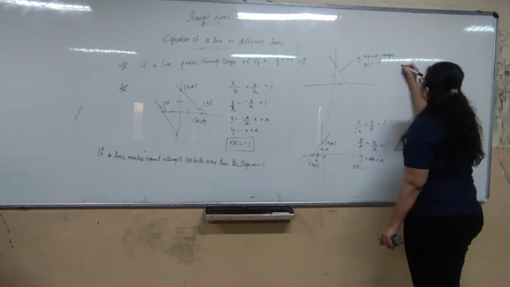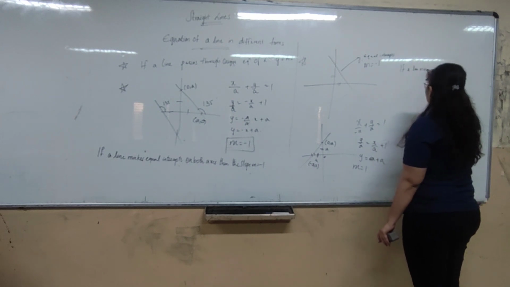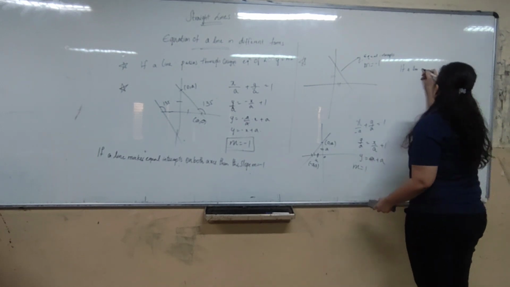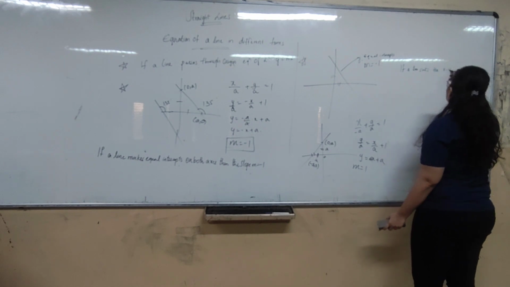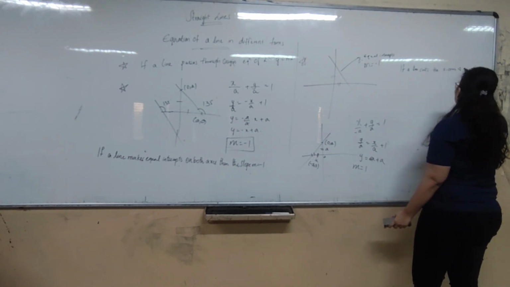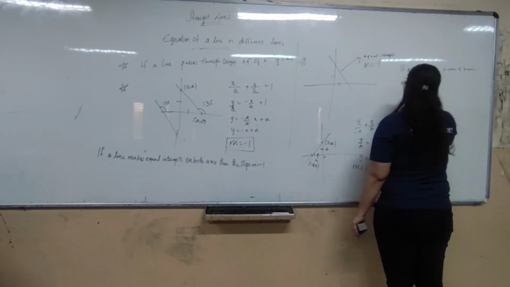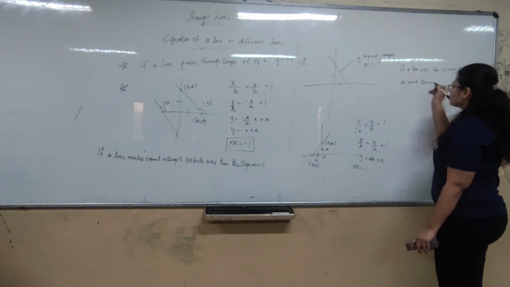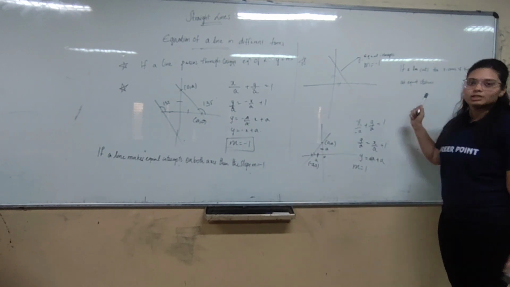So what we should write? I will write here. If a line cuts the x-axis and y-axis at equal distance, right? At equal distance. See, there it is equal intercepts, whereas here it is equal distance.